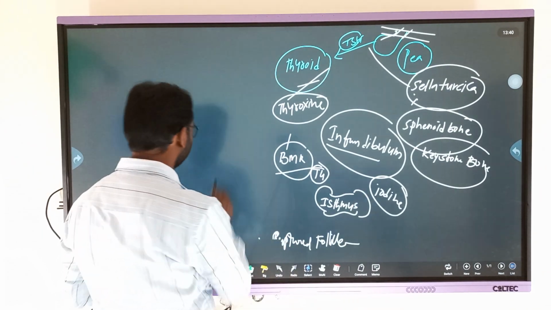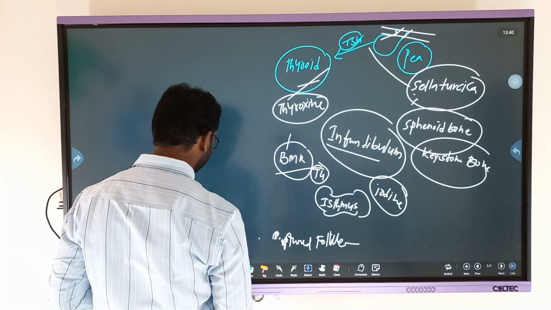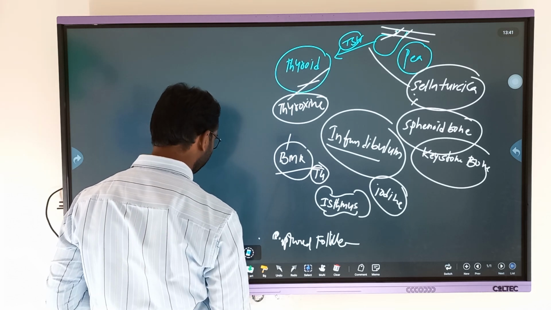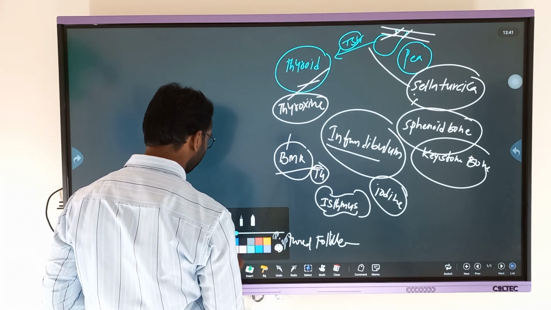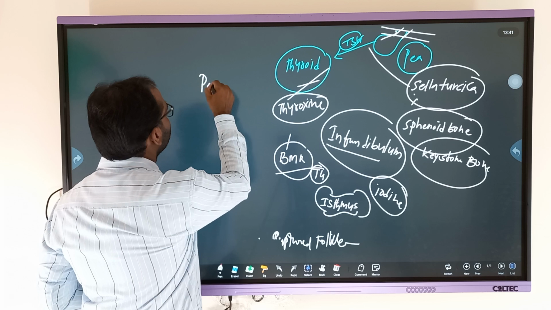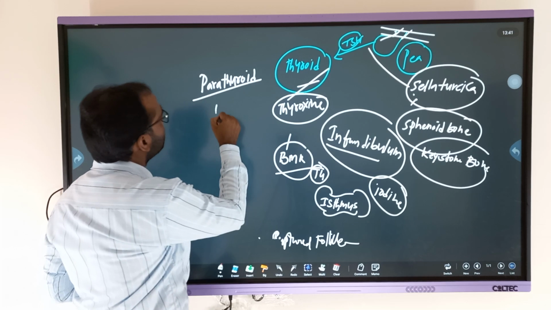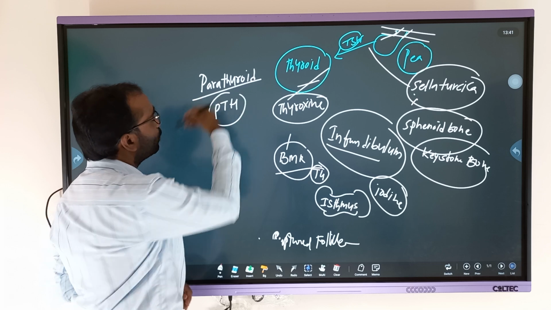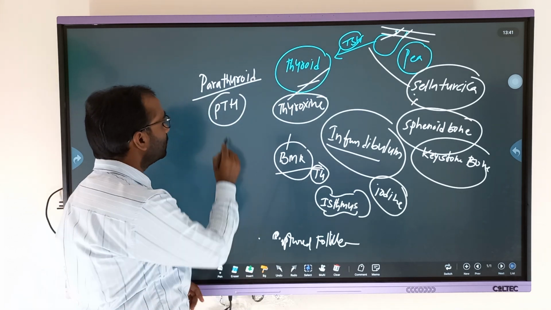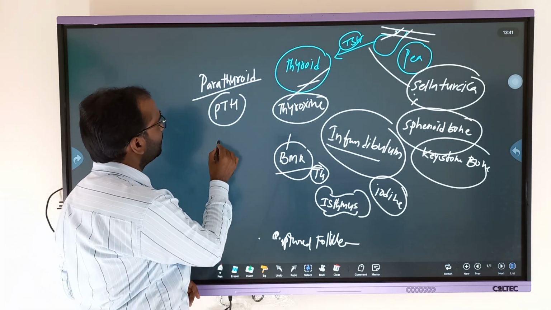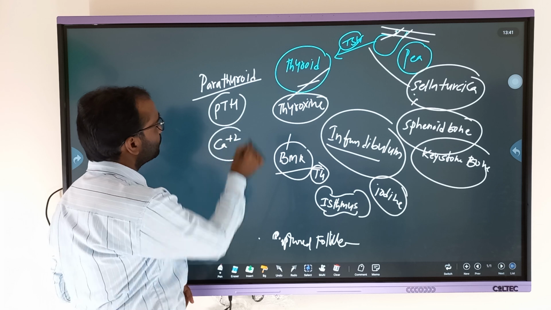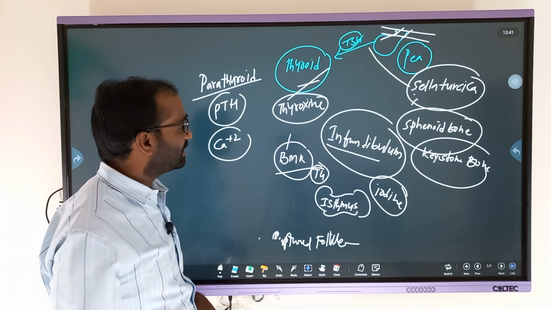Okay now. Next one is the parathyroid gland. This parathyroid gland releases PTH, parathyroid hormone or parathormone, and that regulates the blood calcium level.